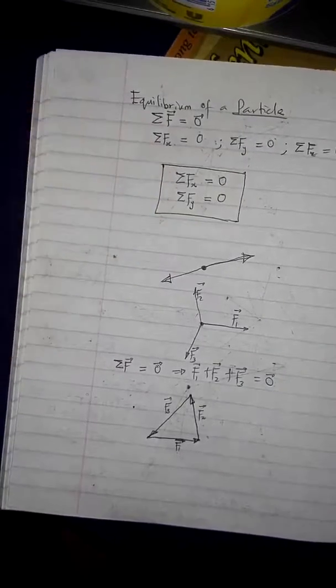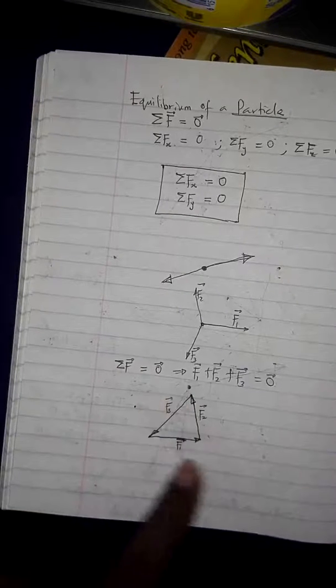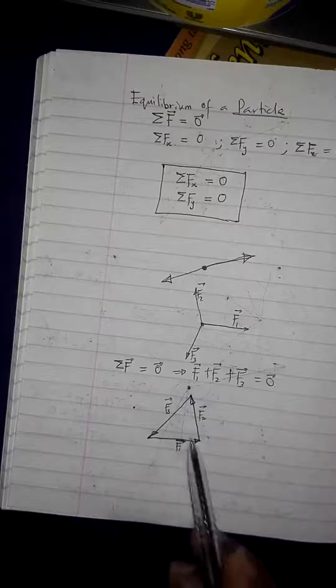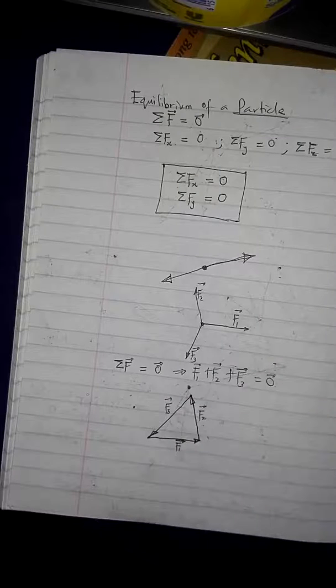Okay, so if it happens that there are just 3, you know what to do already. Use your triangle rule. It just happens that is the fastest way to approach it. When you have just three forces, this is the best way to approach it. It wastes time to begin to resolve them into components when you have just 3. And if you have more than 3, it's going to give you some complex polygon.